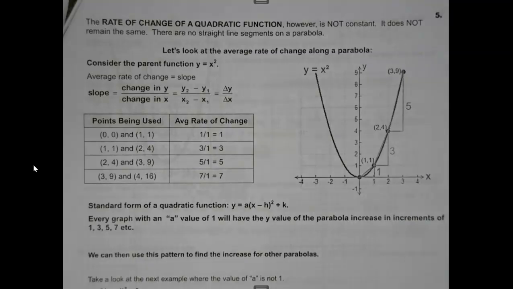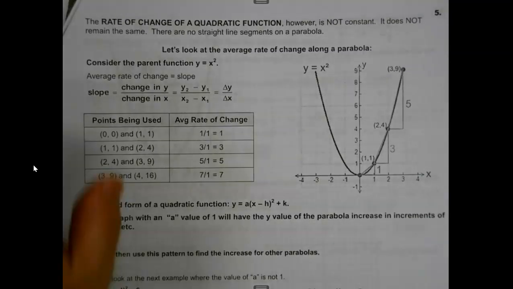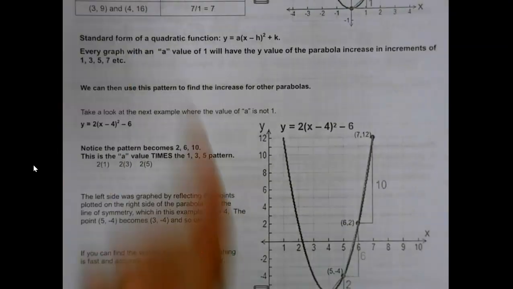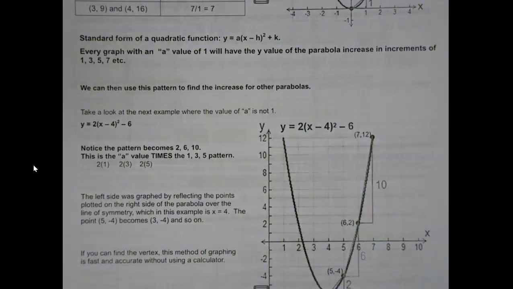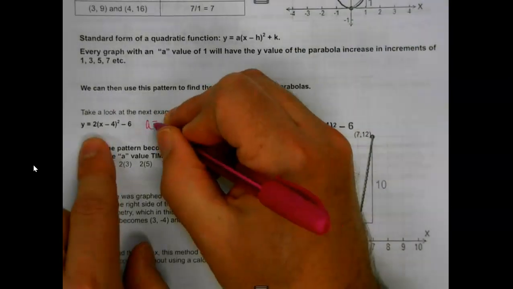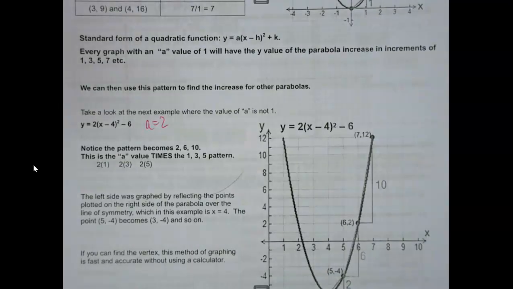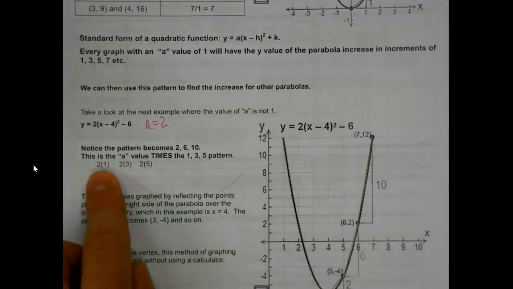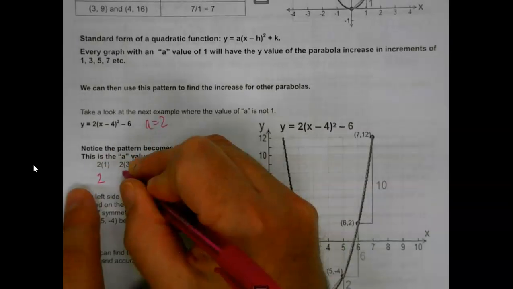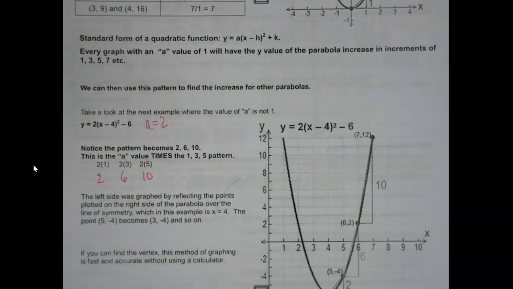That will not change, okay? But as we saw in the other one, if your A value changes, all you have to do is multiply it by the 1 and the 3 and the 5.